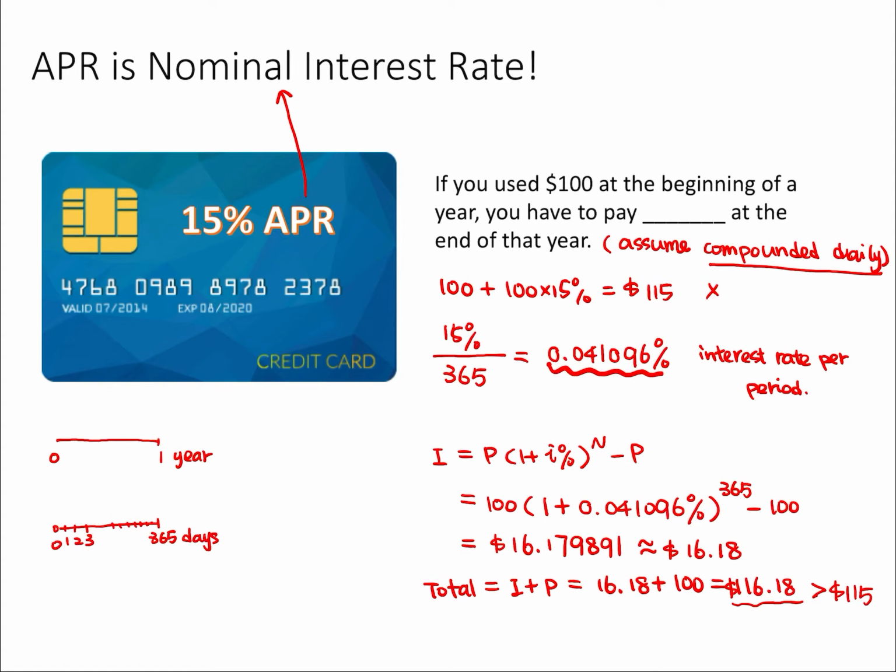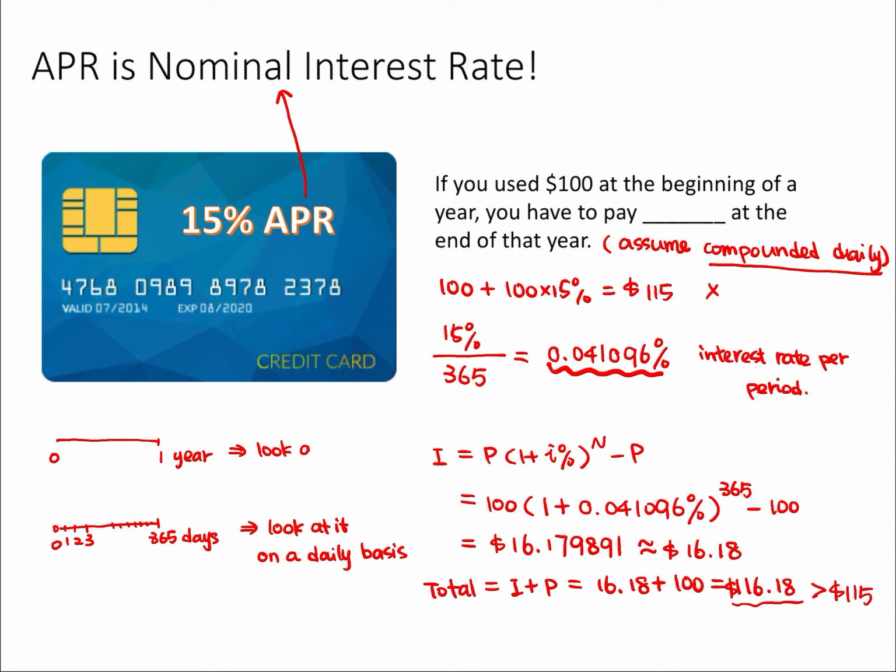You see, these two timelines are the same length because they are all the same year. But the second one is to look at it on a daily basis. And that is the actual calculation.